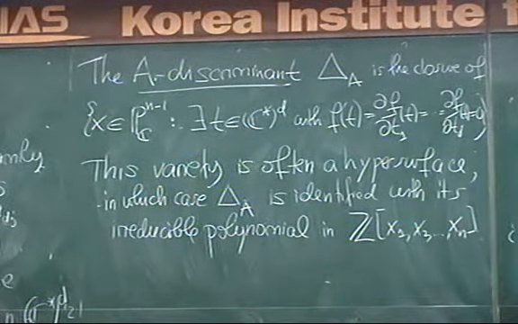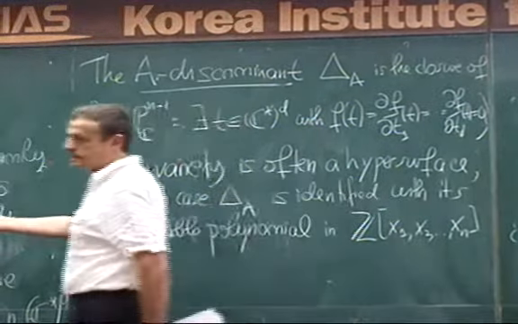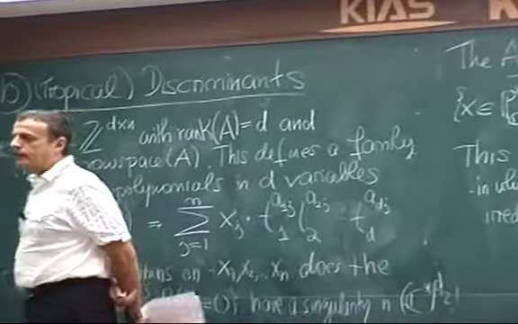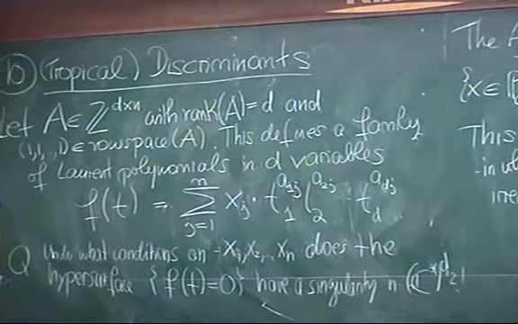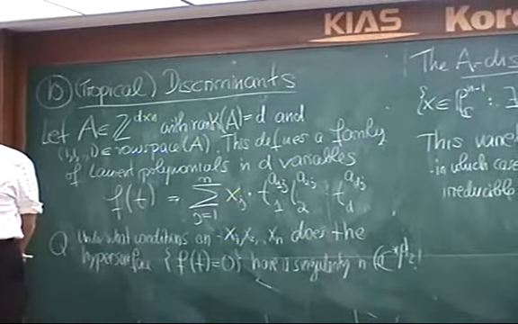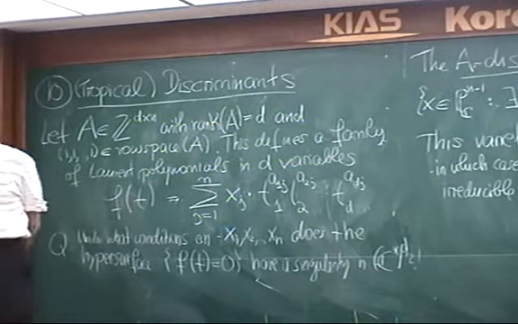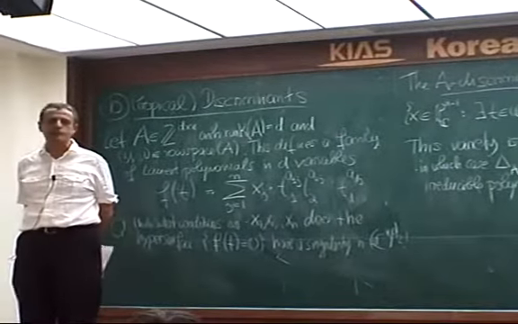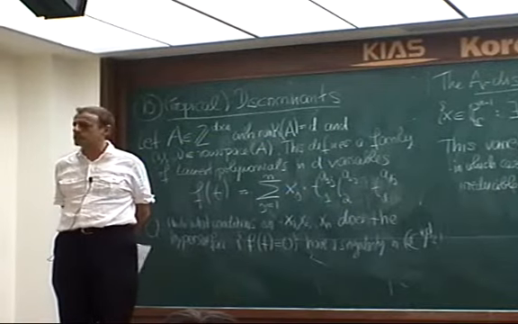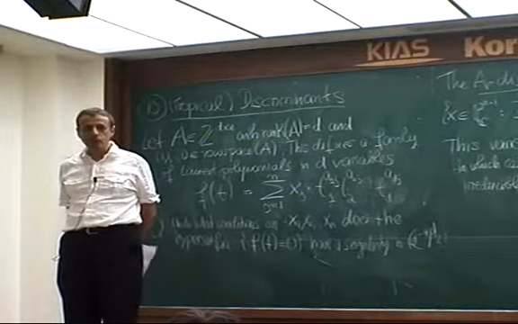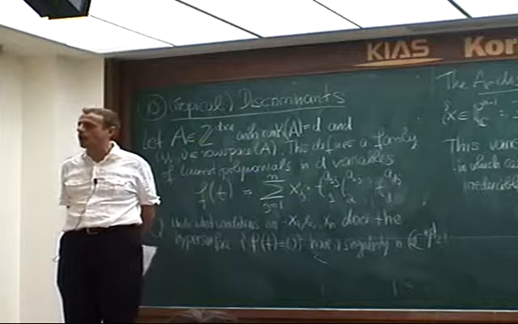Okay? So in general, for any A, this is an irreducible variety defined over the rational numbers, right? I mean, all the coefficients are plus or minus 1, right? So it's defined over the rational numbers. In fact, we could define it over spec Z, but let's not get carried away. And if it so happens that it is a hypersurface, then it's the zero set of a unique irreducible polynomial of content 1.